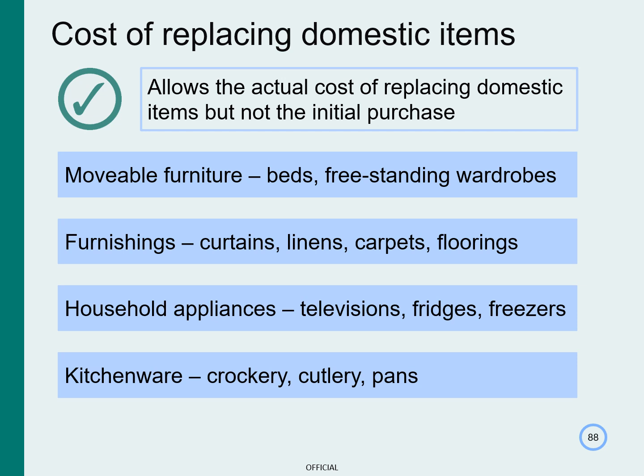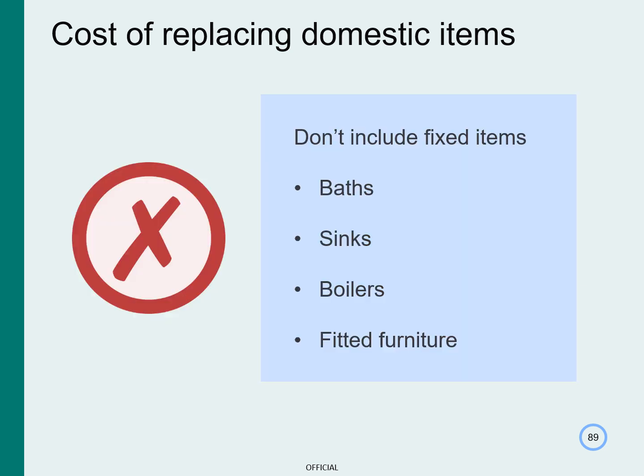The old item must no longer be available for use by the tenant. Domestic items include movable furniture, furnishings, household appliances, and kitchenware. Domestic items don't include fixed items such as baths, sinks, boilers, and fitted furniture.